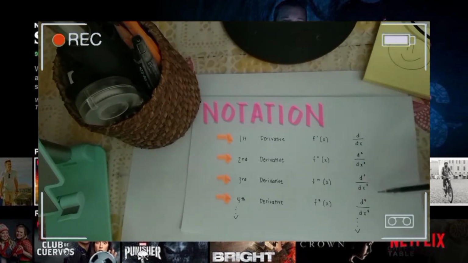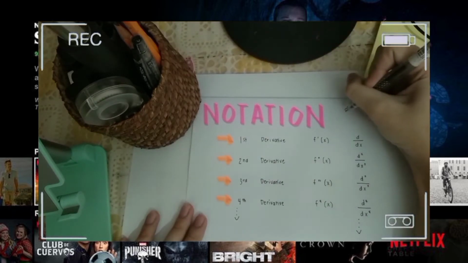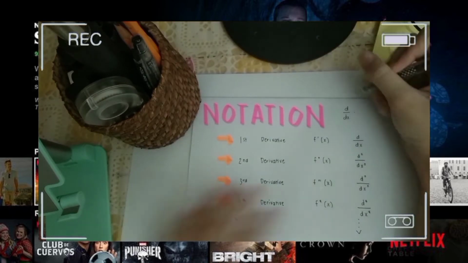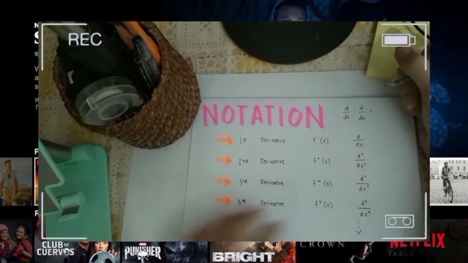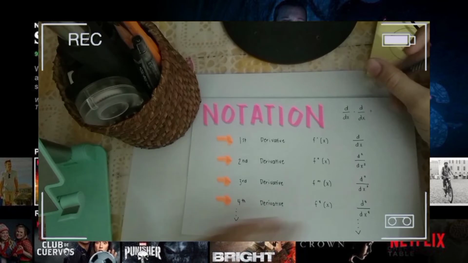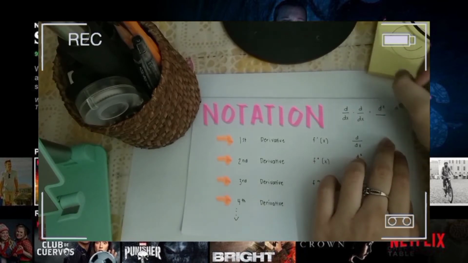In terms of the derivative operator, you can also express how many times you take a derivative. So here's our familiar derivative operator, d over dx, and here's how it looks for the second derivative. Notice how I added the 2 at the top and 2 at the bottom.